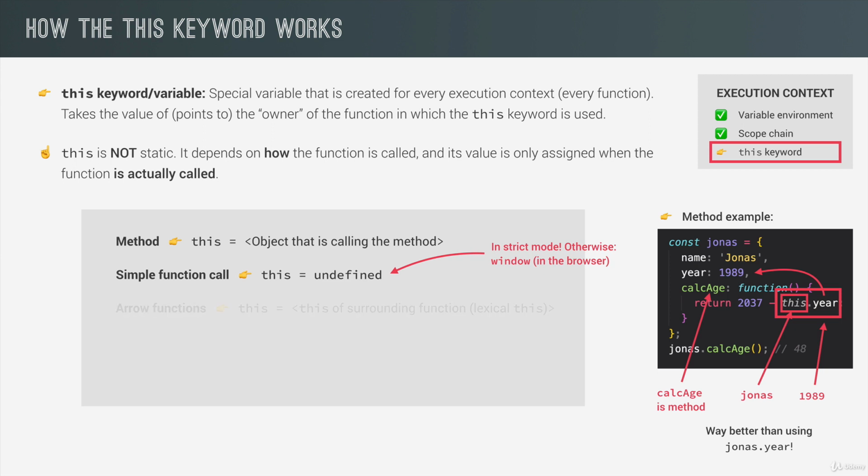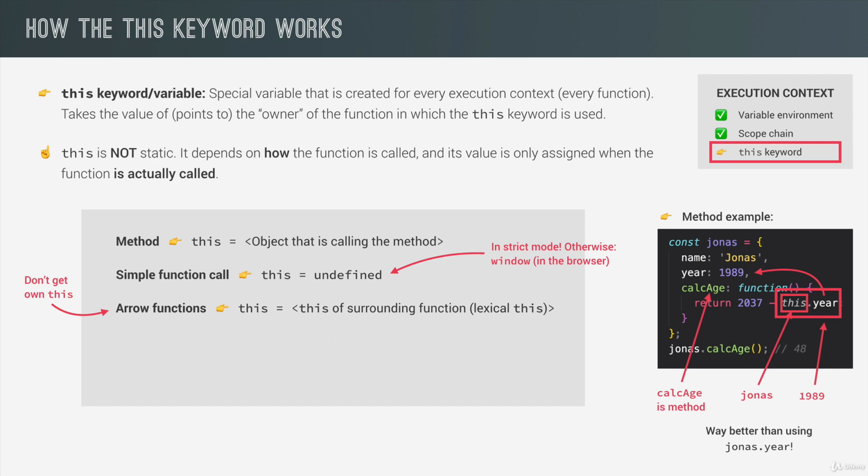Next, we have arrow functions. And while arrow functions are not exactly a way of calling functions, it's an important kind of function that we need to consider. Because remember, arrow functions do not get their own this keyword. Instead, if you use the this variable in an arrow function, it will simply be the this keyword of the surrounding function, so of the parent function.